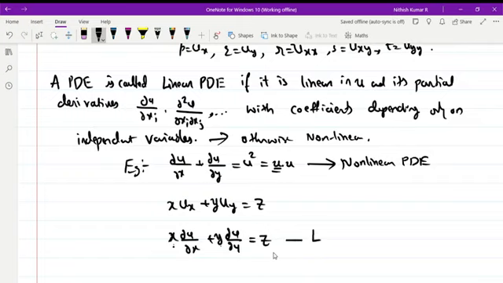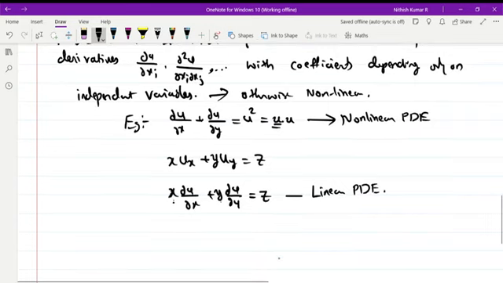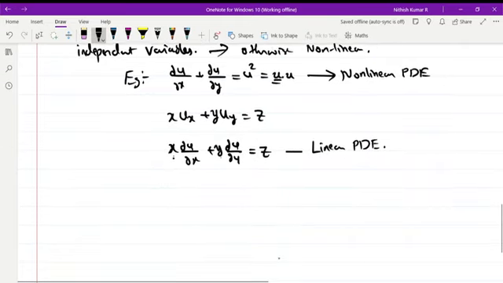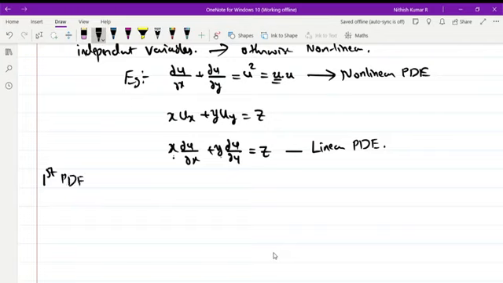So no problem. So this is a linear partial differential equation. So now this is the definition of linear partial differential equation in general. So again, we shall see what happens in first order PDE. So the general form of first order.